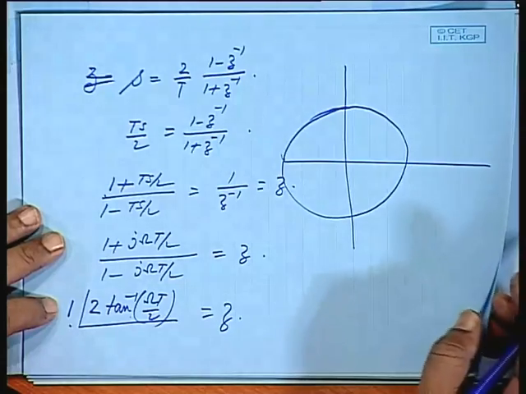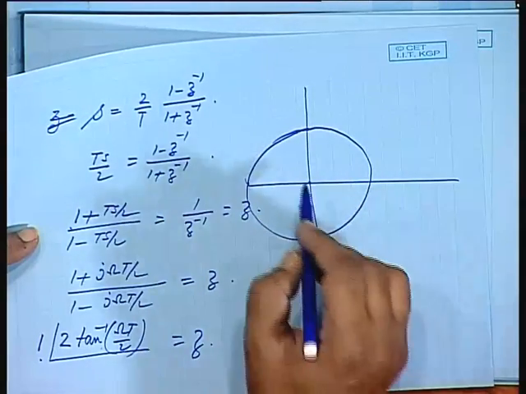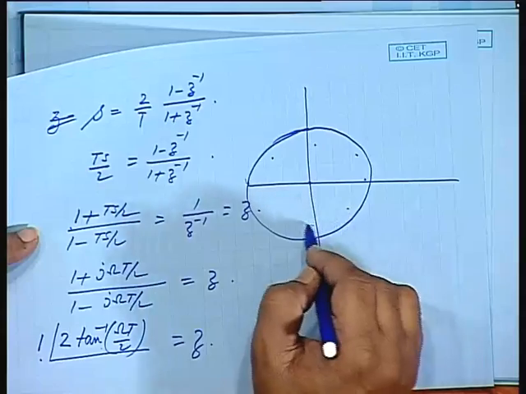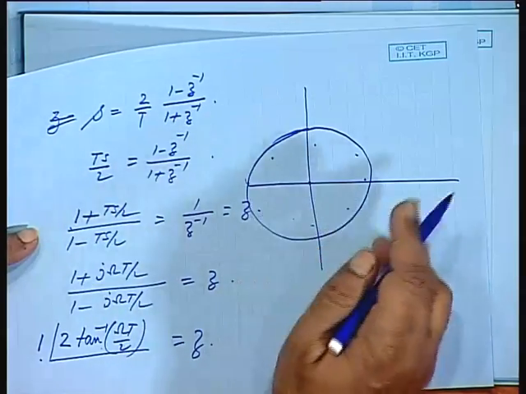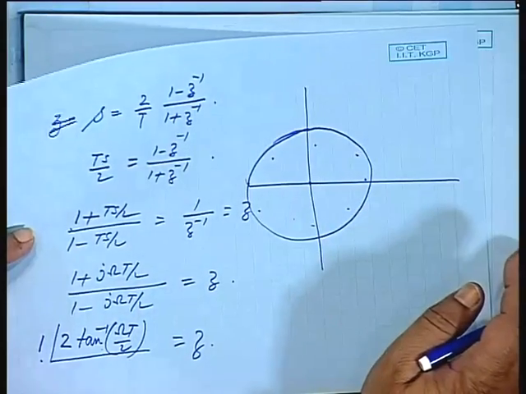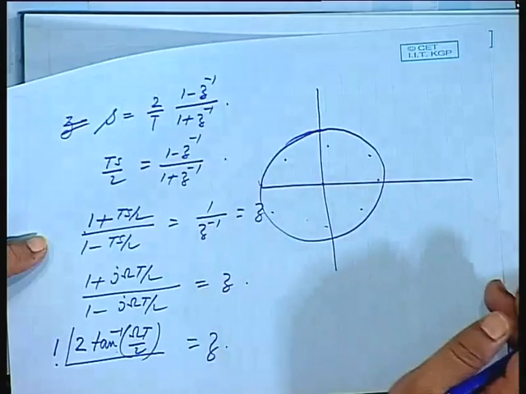Whereas, in the actual transformation z is equal to e to the power sT, it is making a large number of circles around the origin. Now, it is only a single circle, but so far as the stability of the points is concerned, we are describing the same limits of stability. This is the advantage of the bilinear transformation. You do not distort the stable zone.